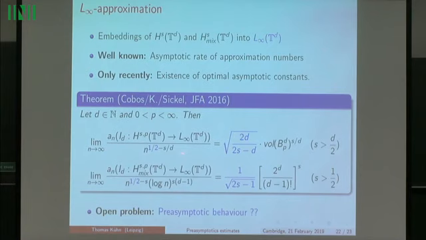Again, it turned out a limit exists. The limit is equal to the limit in L2 times a correction factor. But you see, if s goes to 1/2, then 2s minus 1 goes to 0, so this correction factor blows up. And I will finish with an open problem. We have no idea about the pre-asymptotic behavior.